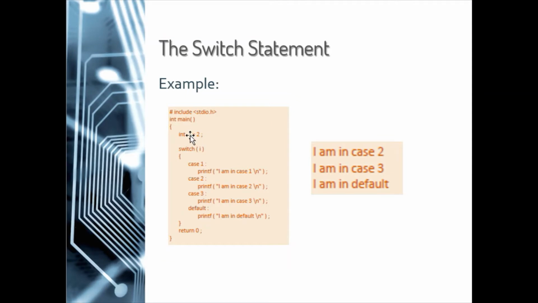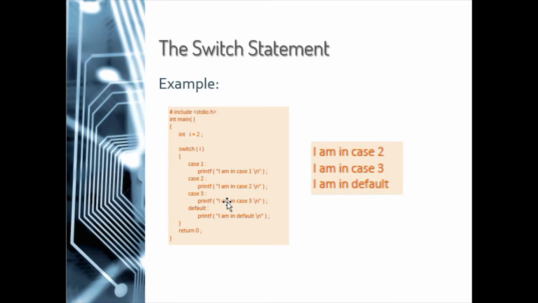For example, if I is equals to 3, it prints case 3 and default. If I is equals to 2, it prints I am in case 2, I am in case 3, and default. If I is equals to 1, it prints all of them. Once the matching case is satisfied, the cases below no longer matter; they will all be printed.